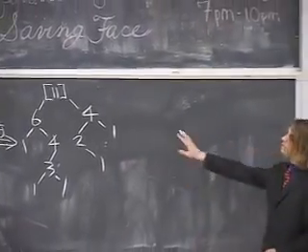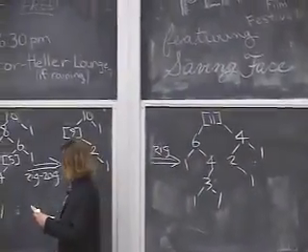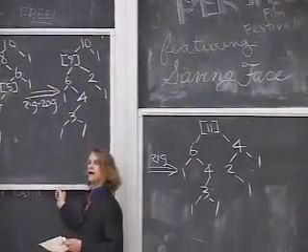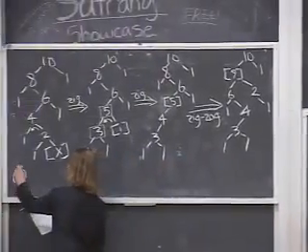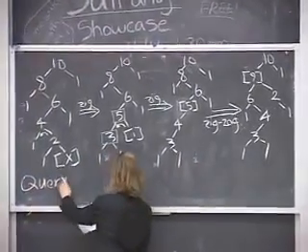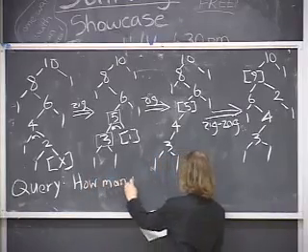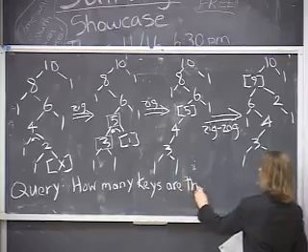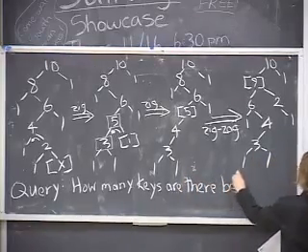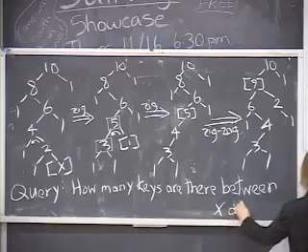All right. So now that we've got this, how are we going to use it? Well, I said I wanted to address the following query. How many keys are there between some number x and some other number y?